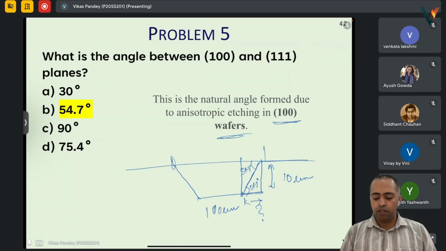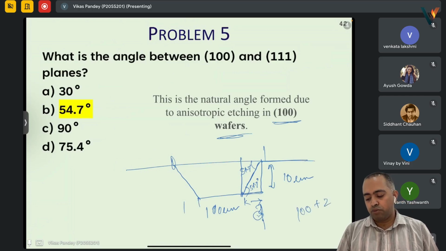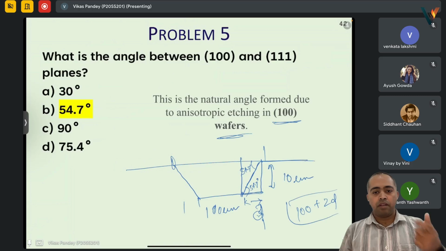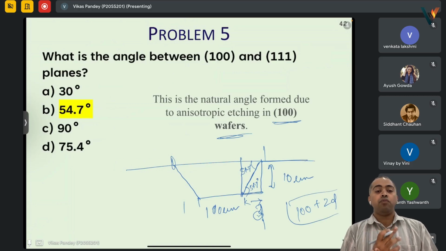That will be whatever this comes d. So both sides, 100 plus 2d will be the length of the mask opening that we will keep. And as such, we will get a pattern like this. Such calculations we have to take care of while making the mask.